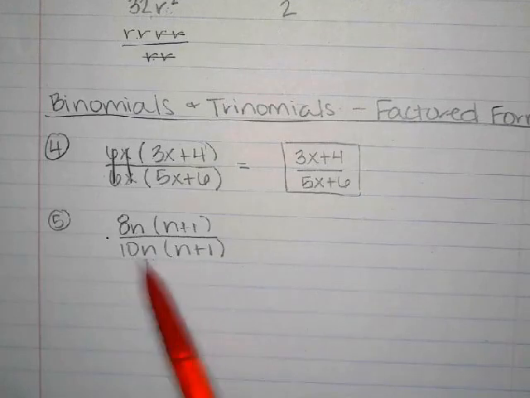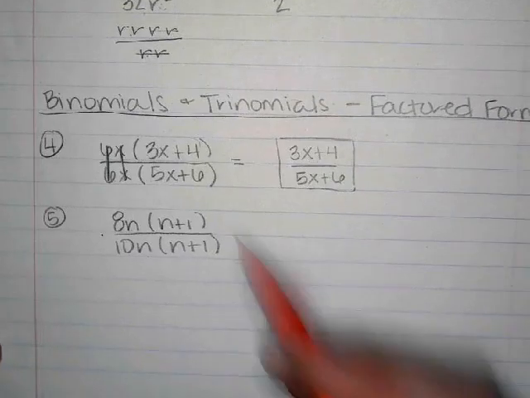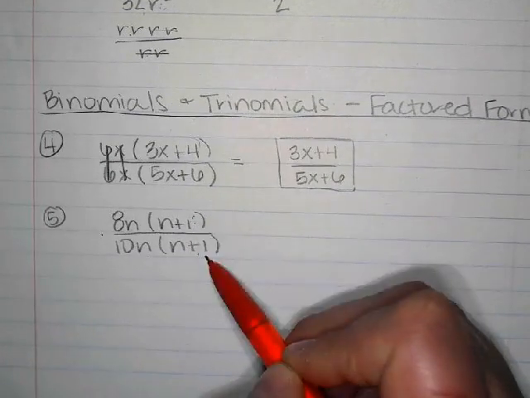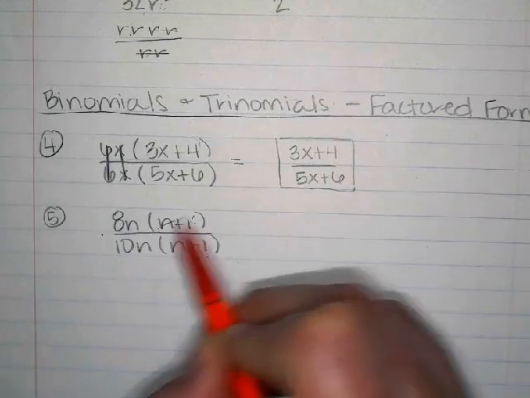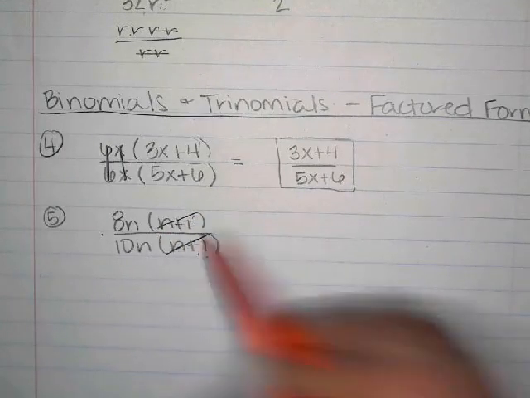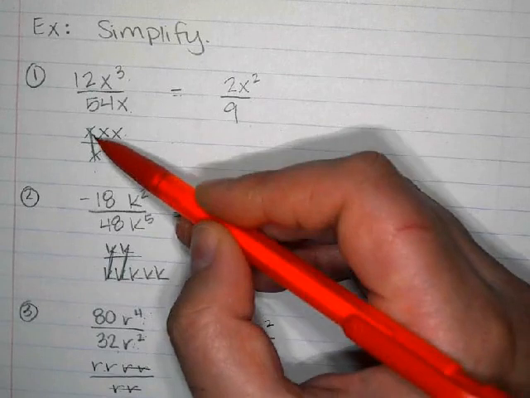Now, this one's more interesting because the parentheses are identical. So this time, you're going to be able to say, oh, these parentheses, since they're identical, they cancel each other out. You say the top and the bottom are exactly the same. It's just like over here when we said, oh, this x on the top and the bottom, they cancel each other out.